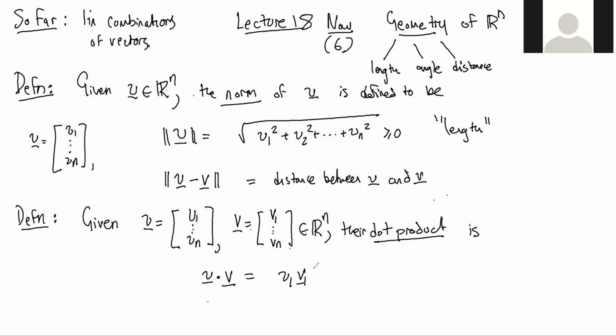Sorry, this is not a vector anymore. This is just a number. So the sum of products of corresponding entries.